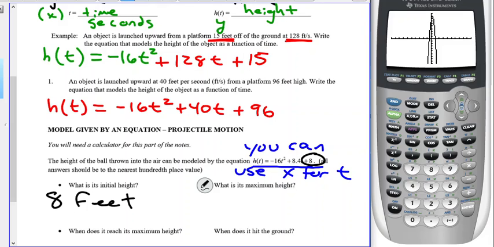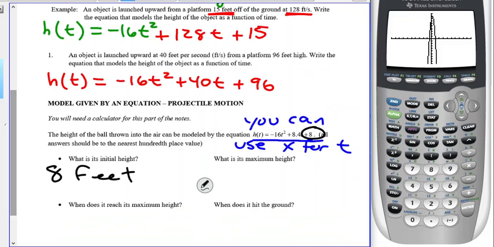Maximum height, and when it reaches a maximum height. This is just another way of asking for the vertex. The maximum height is the y part of the vertex. When is the x part of the vertex.